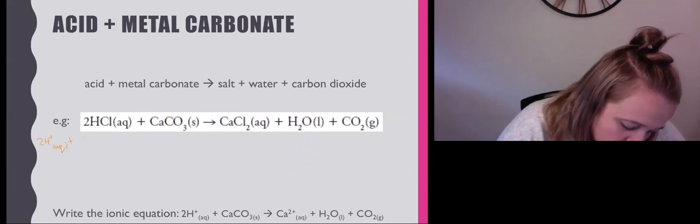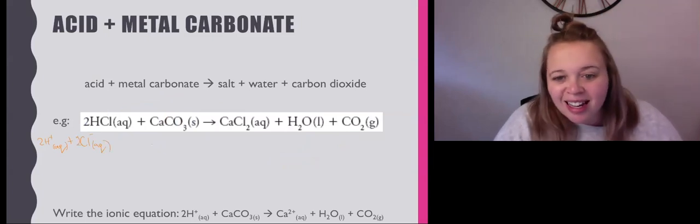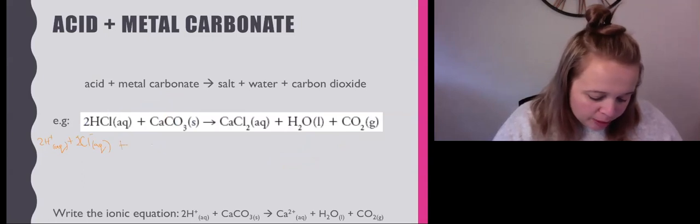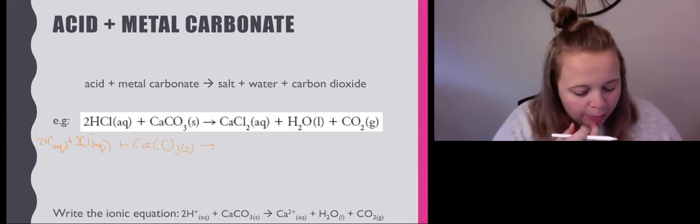2H plus aqueous plus Cl minus aqueous, that's two of them as well. Remember, anything that's aqueous is what I can turn into an ion, plus CaCO3 solid. So that one stays as a compound.